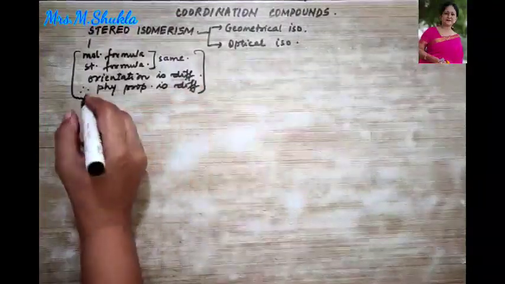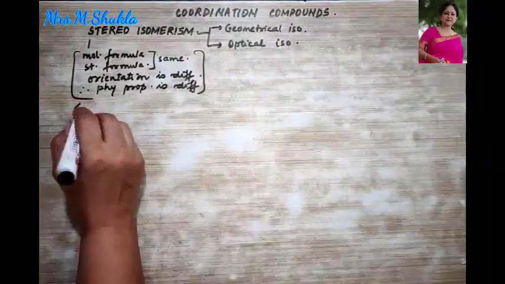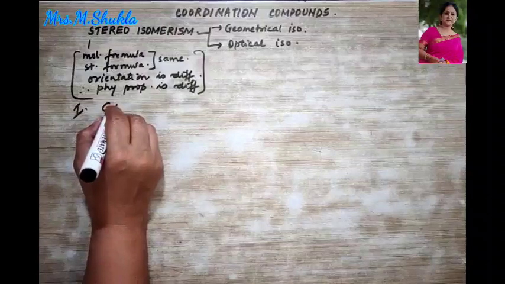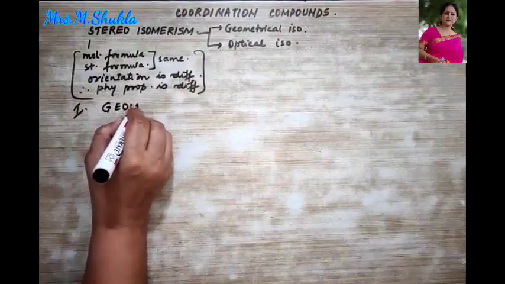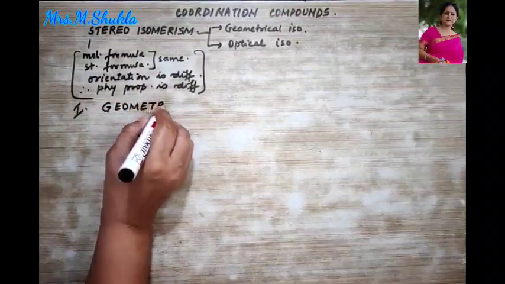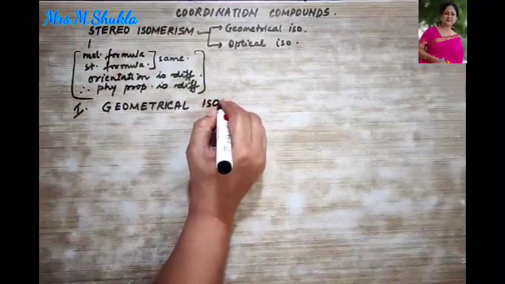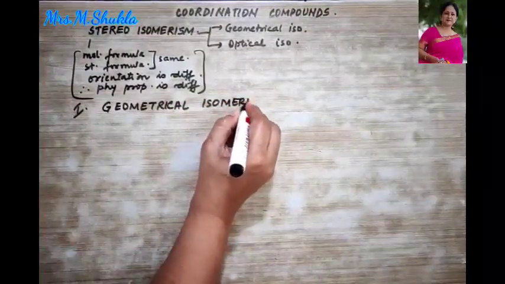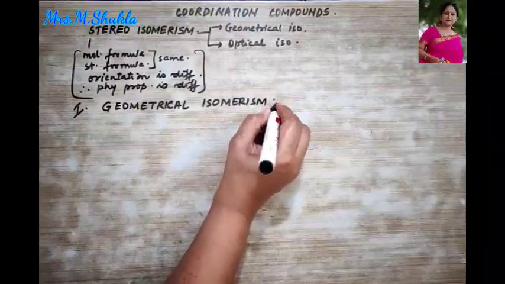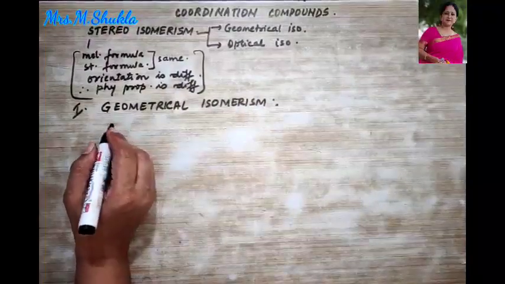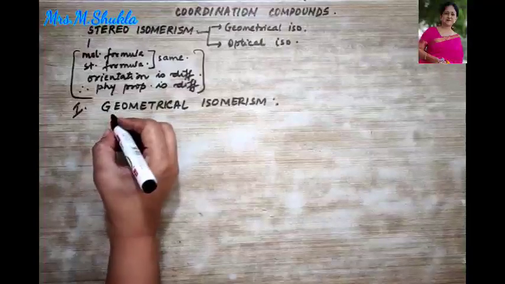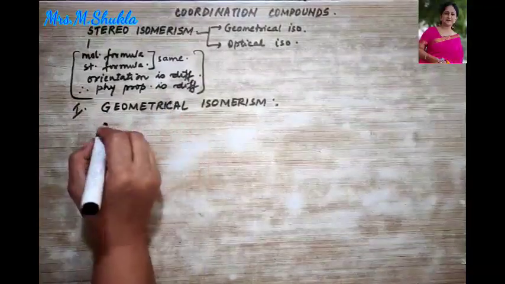So let us begin with the first one, that is geometrical isomerism. Let us begin with the complex compound with coordination number 4.